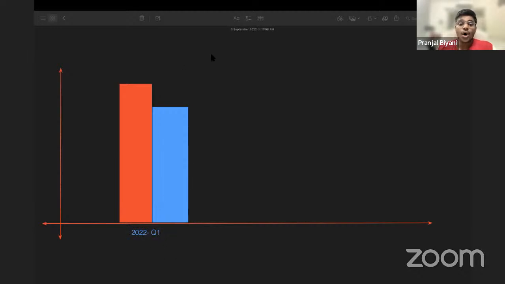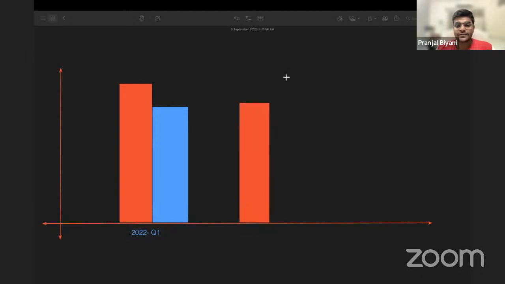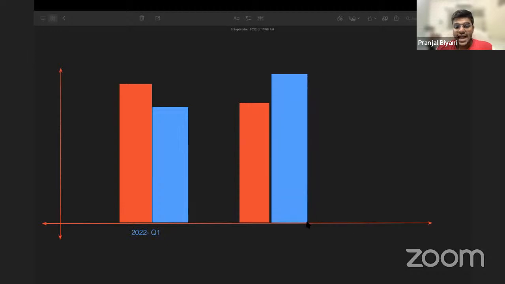Now, if I want to do the same analysis for multiple quarters, then I can add more here, and this leads to something called a multiple bar chart. This multiple bar chart is going to help me understand the trend in different time periods of the sales comparison of Maharashtra and West Bengal.